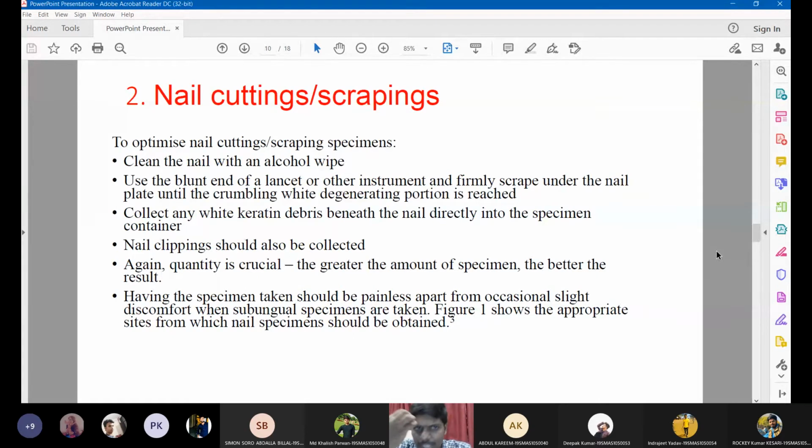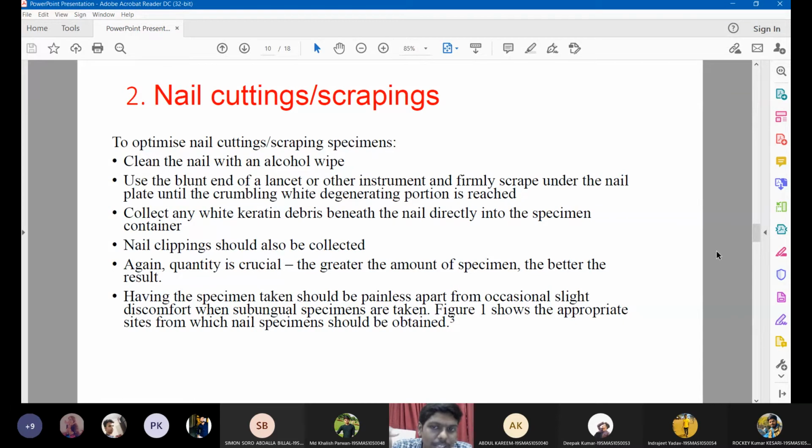Okay, so with the help of a sterile lancet, we should start scraping under the nail until we reach the white or degenerated portion. Along with the nail sample, we should also collect some amount of keratin debris beneath the nail, because the nail is firmly connected to the keratin tissue at the base.